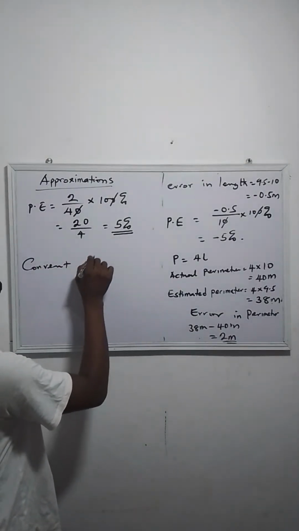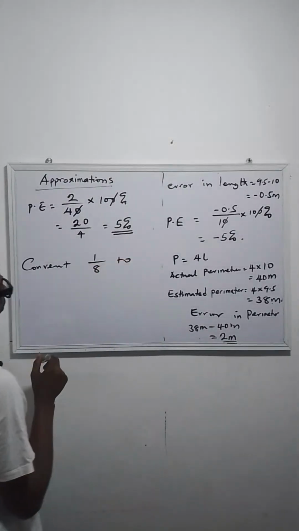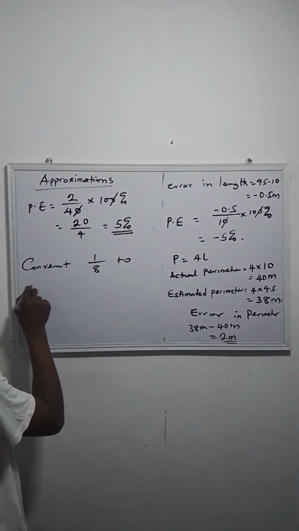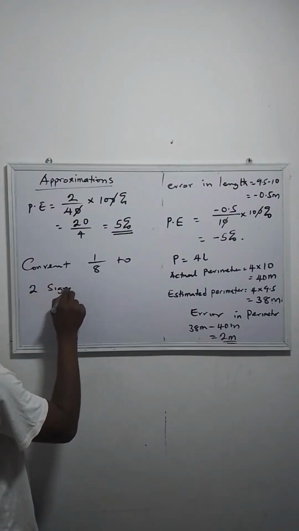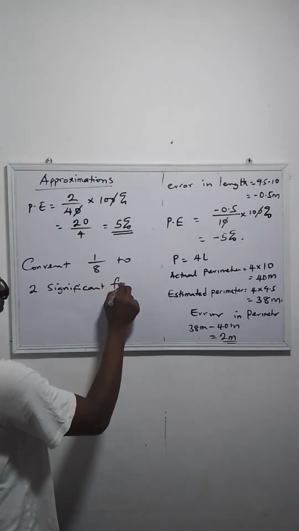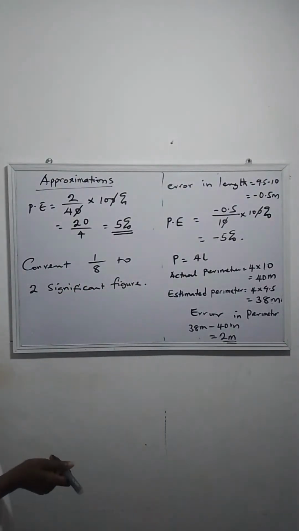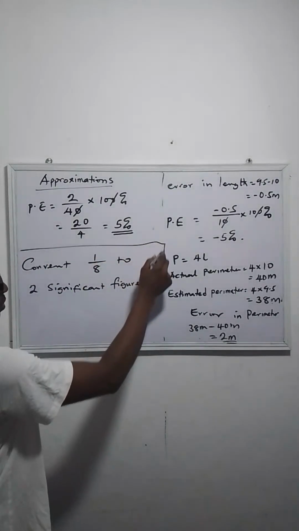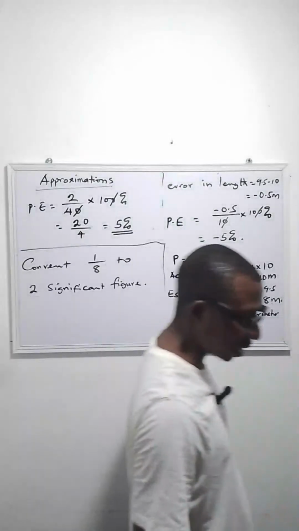Convert 1/8 to two significant figures. Okay, so can you do this one and drop your answer in the comment section? Let's quickly try this one. Convert 1/8 to two significant figures. Can you quickly try this? All right, do that smartly and drop your answer in the comment section.